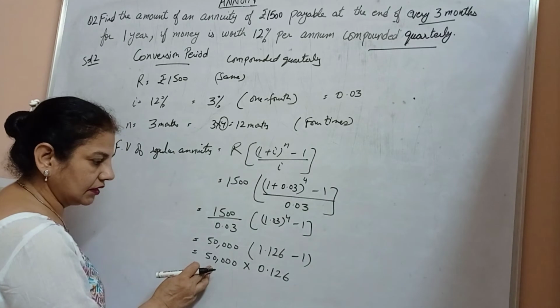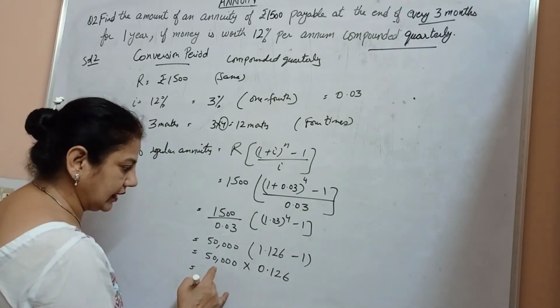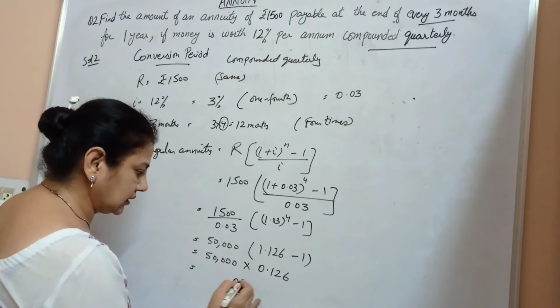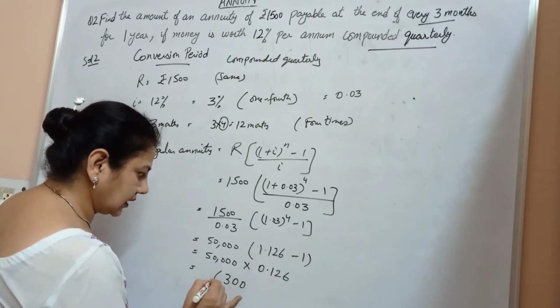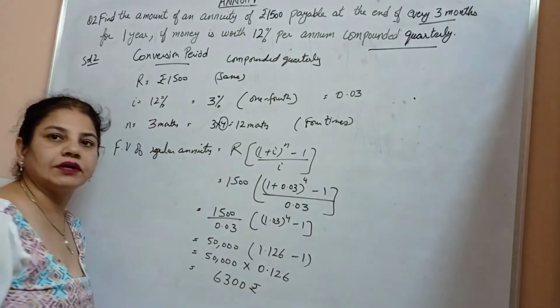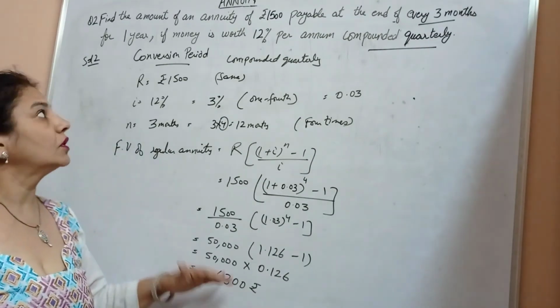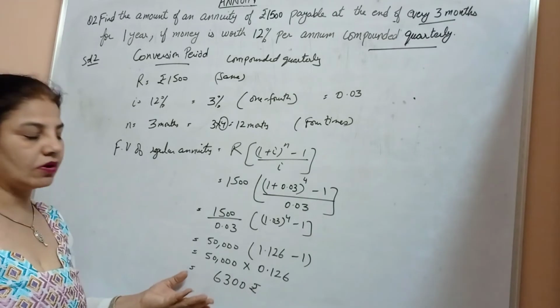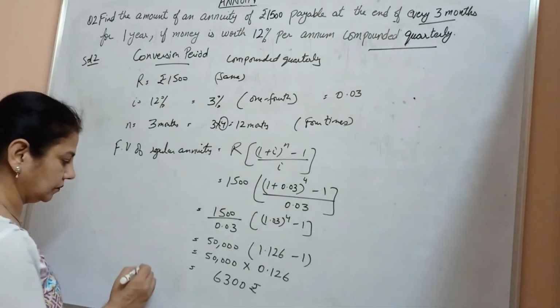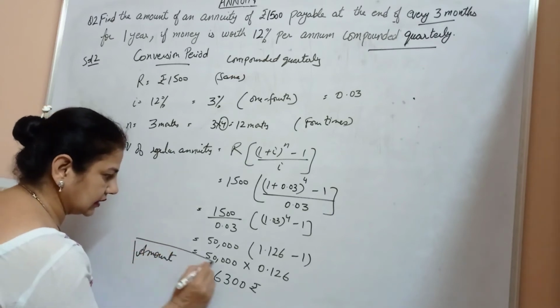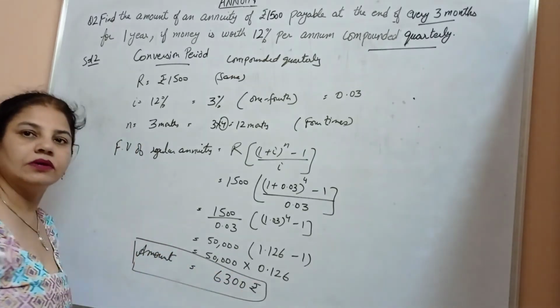Multiply this with 50,000, you will get 6,300 rupees. So the future value of the regular annuity is 6,300 rupees, or you can say the amount you have to calculate is 6,300 rupees. So we say that the amount for this particular case is 6,300 rupees.